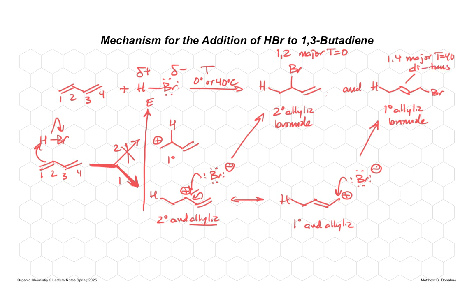When we're talking about stability, we're talking about the stability of the alkene. And we had learned that tetra-substituted is greater than tri, is greater than di, is greater than mono. So at colder temperatures, the trapping of the secondary carbocation is faster. At higher temperatures, we're dealing with the primary allylic carbocation, but when that's finally trapped, we end up with a more stable product.